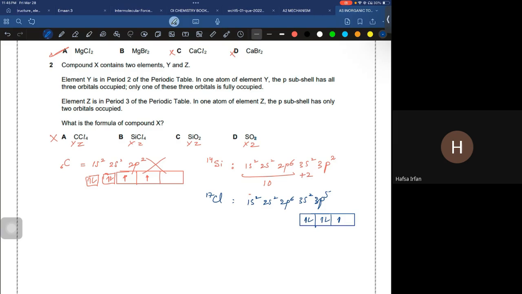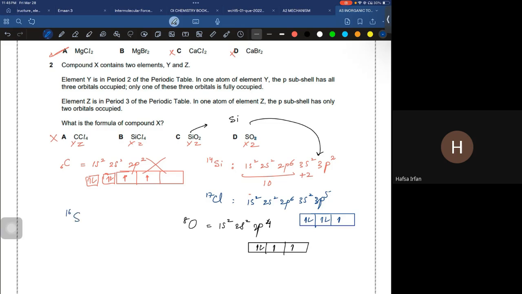So option C says silicon and oxygen. Silicon is the same as I did. Then you have oxygen. Oxygen is 8, that is 1s2, 2s2, and 2p4. 2p4 means 1, 2, 3, and then 4. Then SO2, again sulfur.